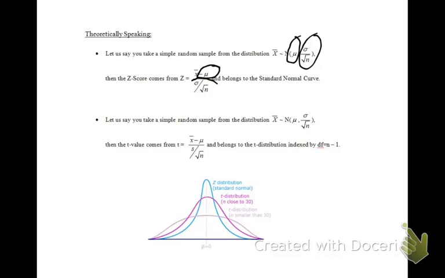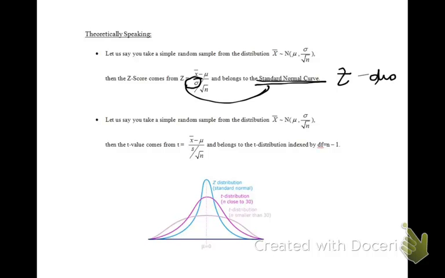When you use sigma in this problem statement, that ensures that you are on the standard normal curve. So if sigma is known, you're on the z distribution. However, in real life, most of the time you won't know sigma.